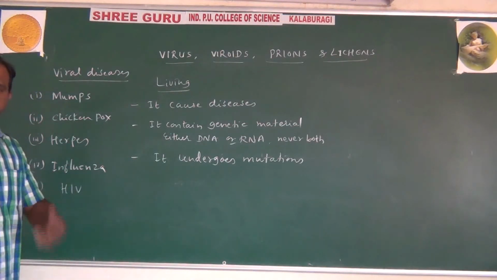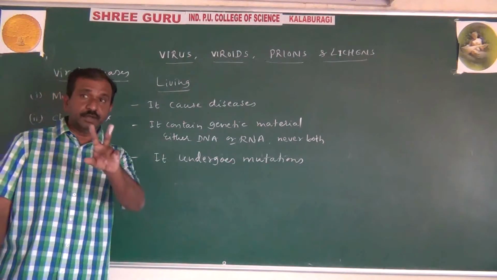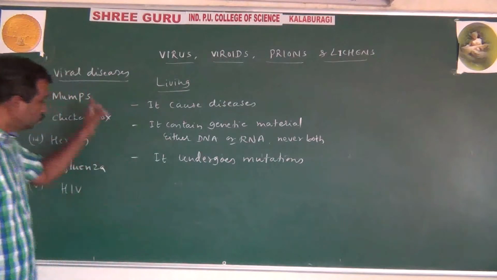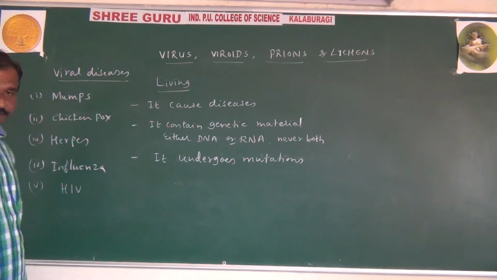These are the diseases caused by virus. Two mark question: mention four viral diseases in humans. You have to write mumps, chickenpox, herpes, influenza, HIV.